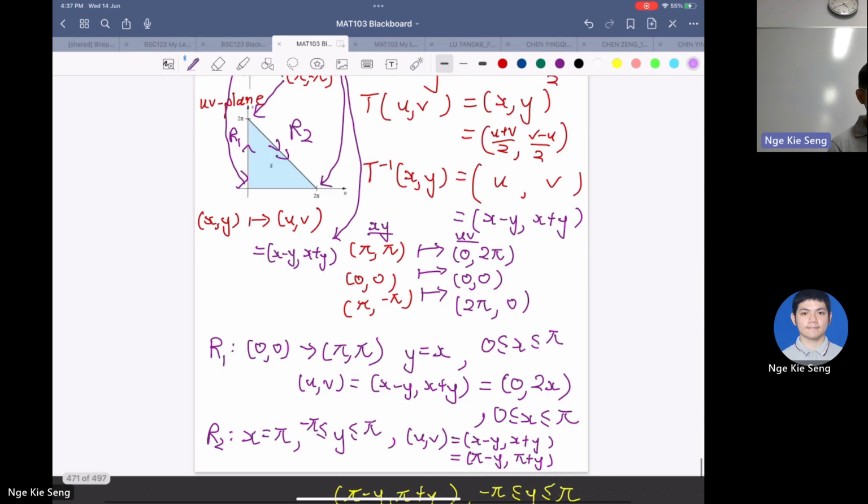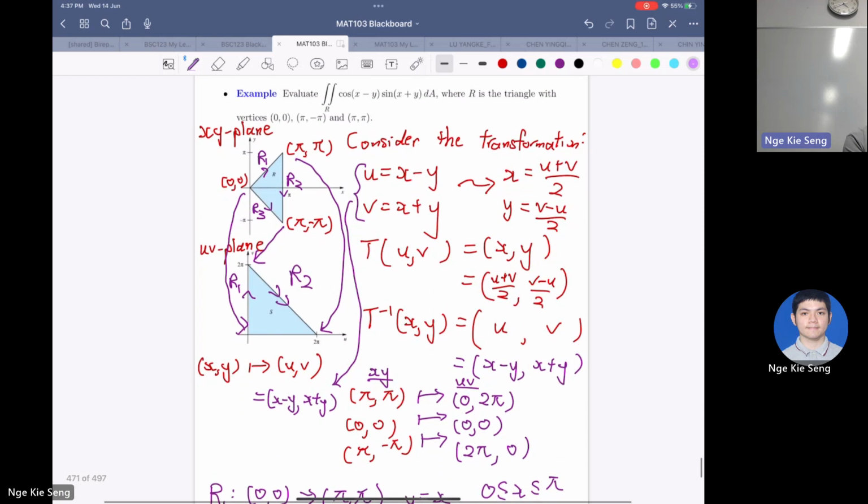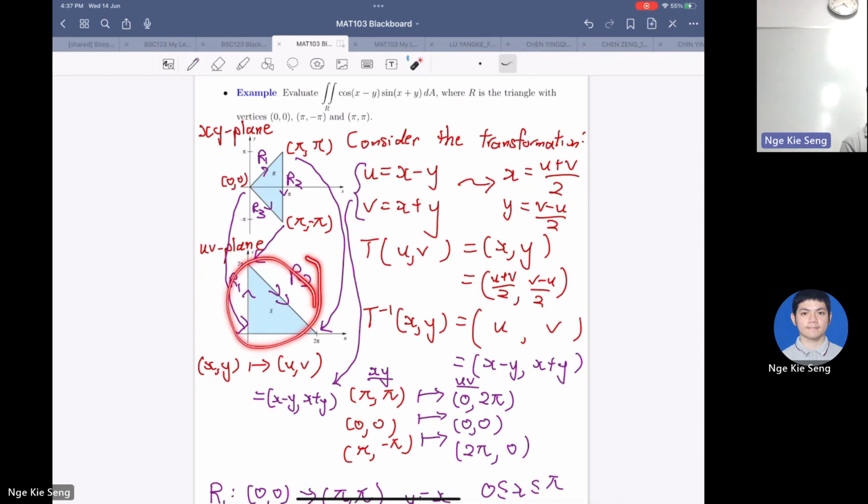Oh, I mean, in the exam, this picture here is not given. So if this picture is not given, then you need to figure out what happened to this shape. So you need to figure out what happened to this triangle.